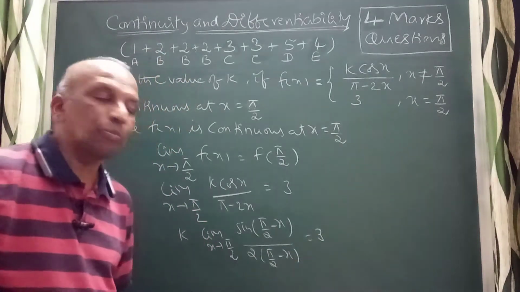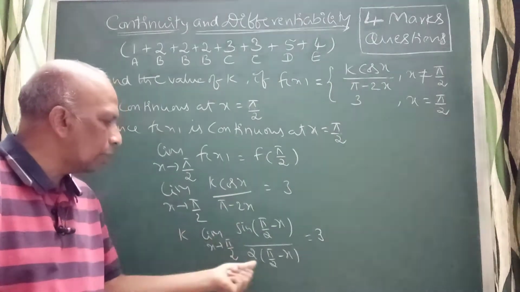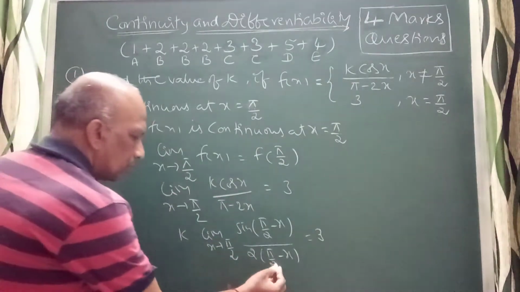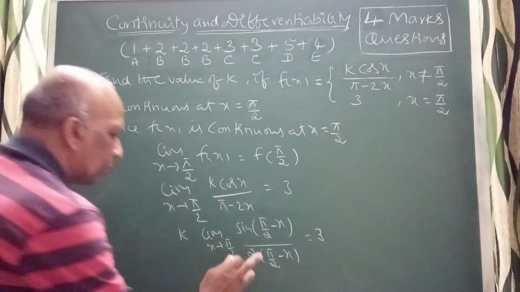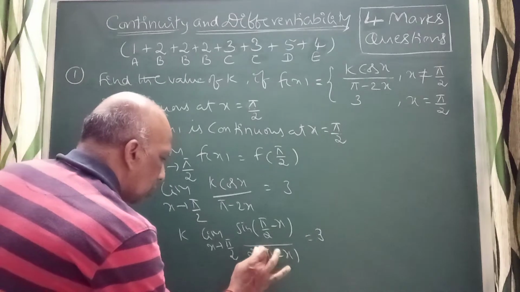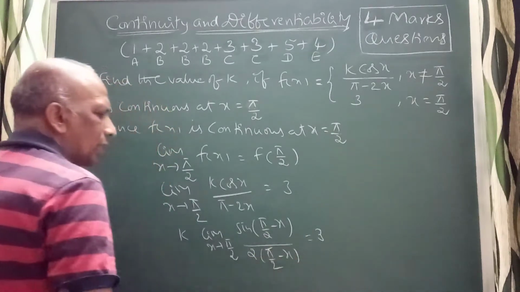Simple thing: cos x is sin of pi by 2 minus x, and you take common pi by 2 minus x, just having taken 2 common.